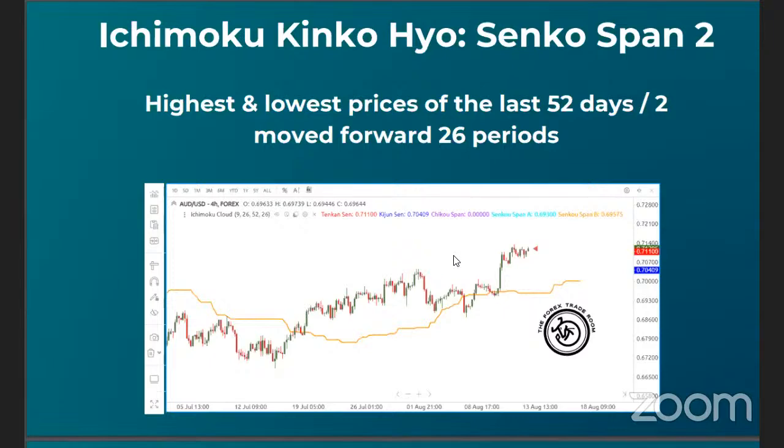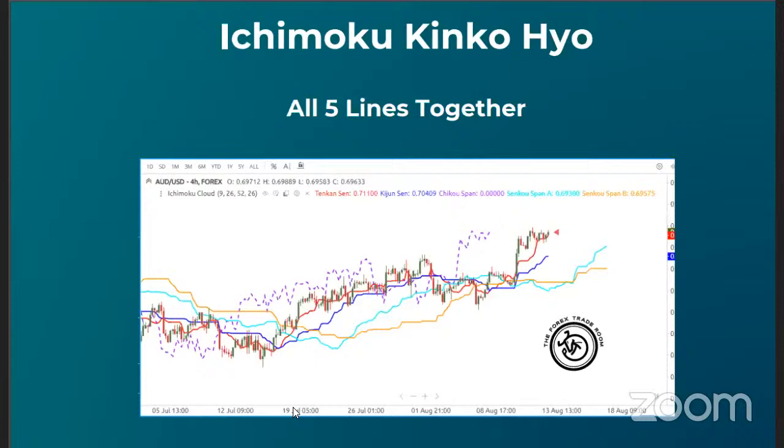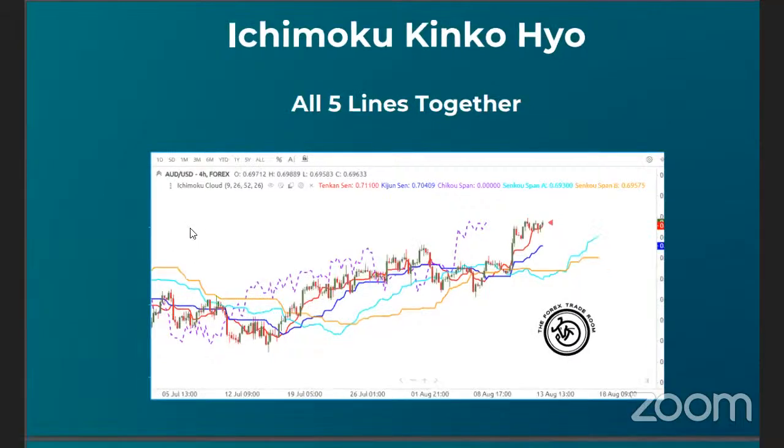So when we put it all together and you look at all 5 lines together, it just looks like a bunch of lines on the chart. Anybody see that? Looks like it's kind of lit up. That's what we're looking at in essence.